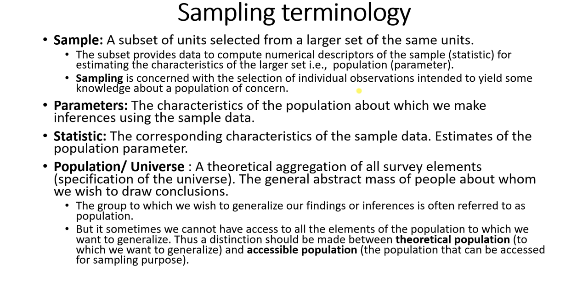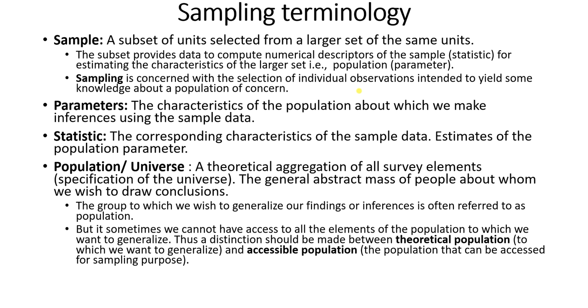Theoretical population consists of all the units about which we want to make generalization, and it may include both the accessible elements that can be accessed by the researcher as well as those who are not accessible.